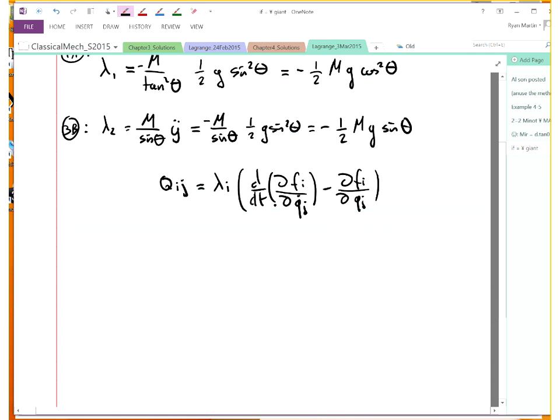In our case, the F_i's never depended on any velocities, so that d by dt term is always going to be zero. So in our case, this will always just be minus lambda_i ∂F_i by ∂q_j.